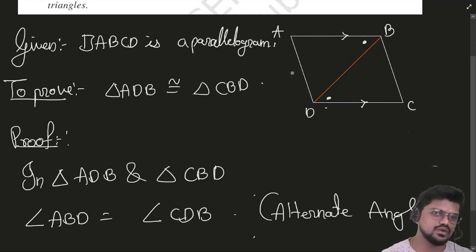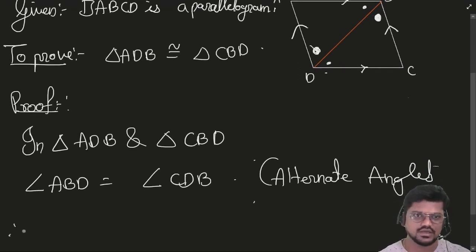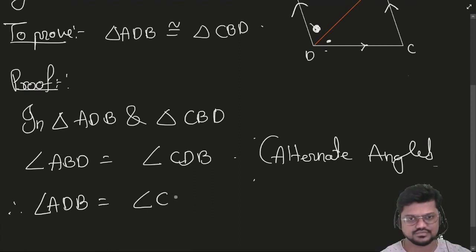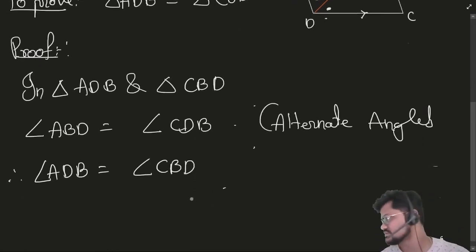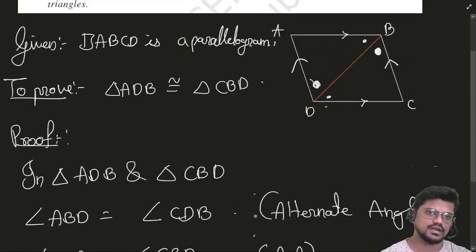We also know it is a parallelogram, so this line will be parallel to this line. So can I say this angle is equal to this angle by alternate angles? Yes. Angle ADB is equal to angle CBD. This is also by alternate angles.